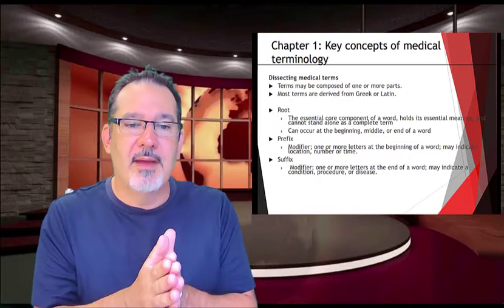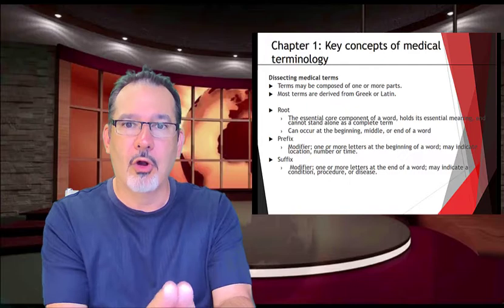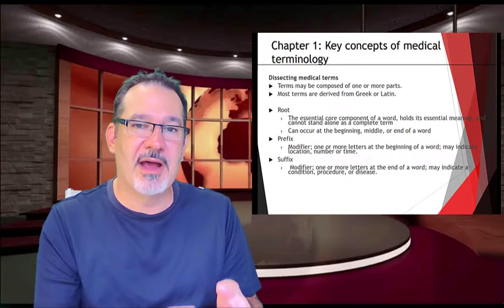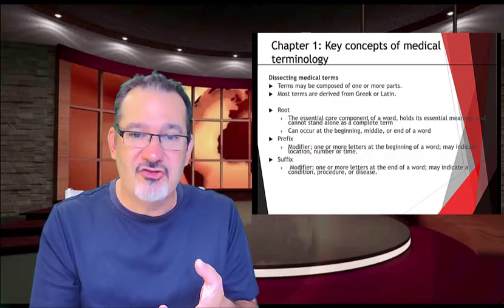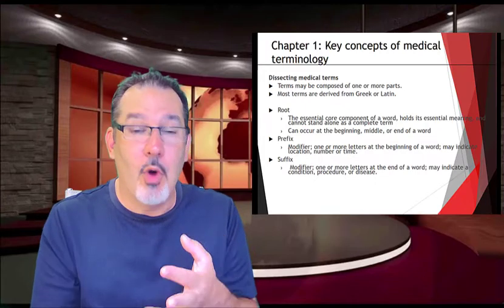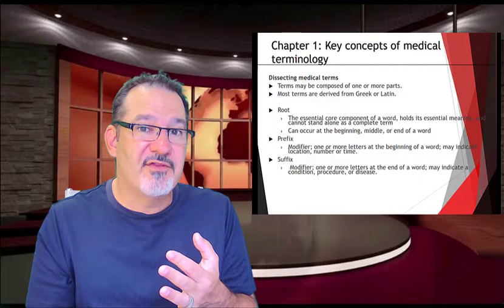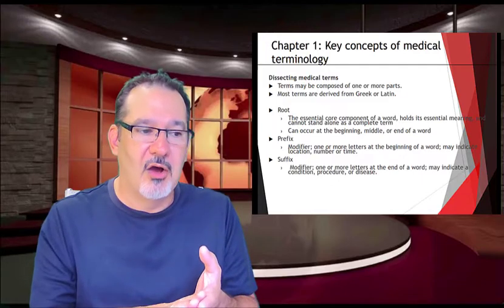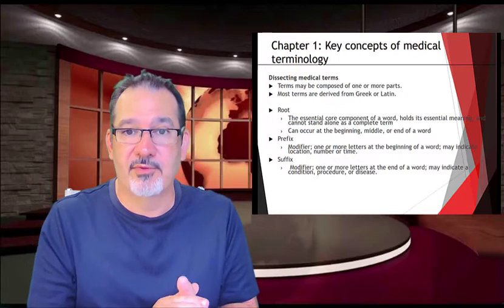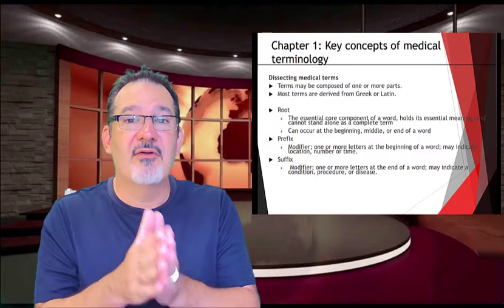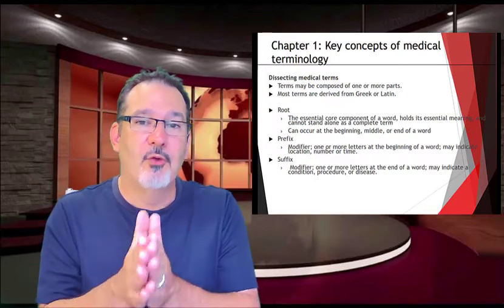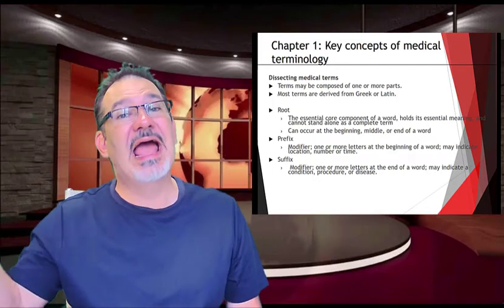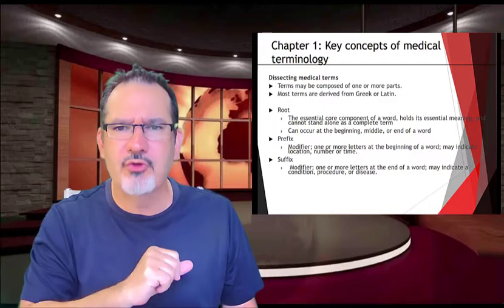So if you can remember, root is the core component part. The prefix gives us information about time, location, the quantity. And then the suffix gives us information about the disease, condition, or the procedure that's being performed, okay? So when we break down hematology, the way I like to break words down is to start at the back, start at the end, start with the suffix most of the time.